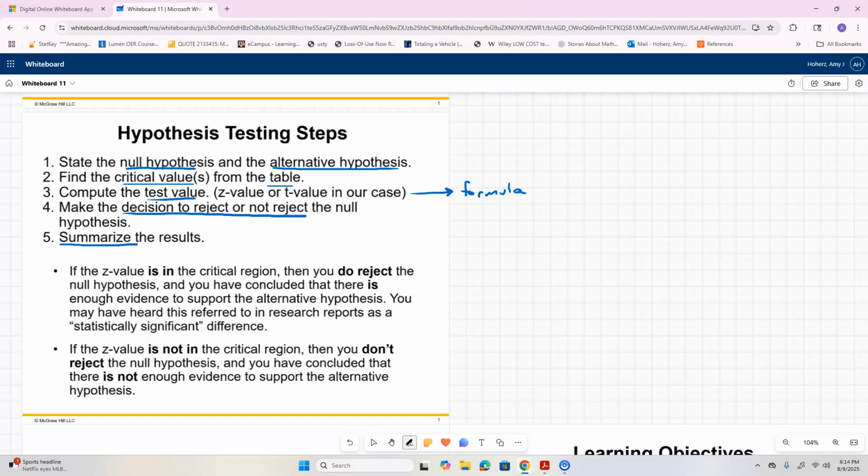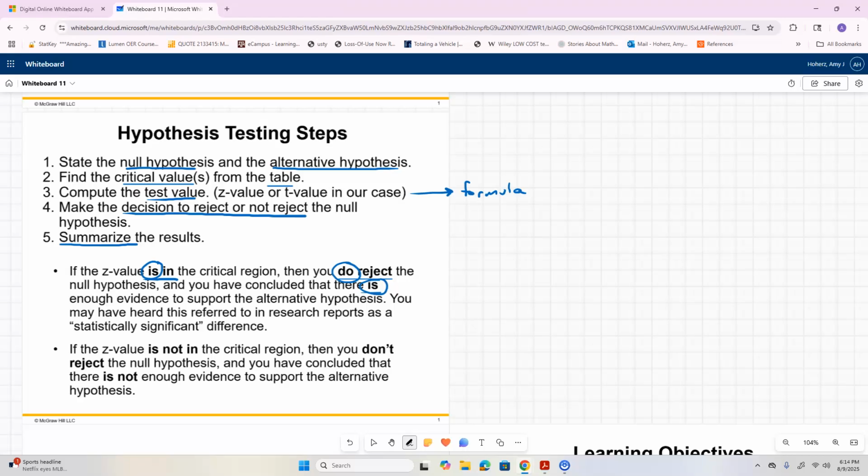And just to reiterate, if the z value is in the critical region, we do reject the null hypothesis. And that means that there is enough evidence to support the alternative hypothesis. So when you're making your decision and your summary, in the positive verbiage, it is in, we do, because there is enough evidence. So is, do, is.